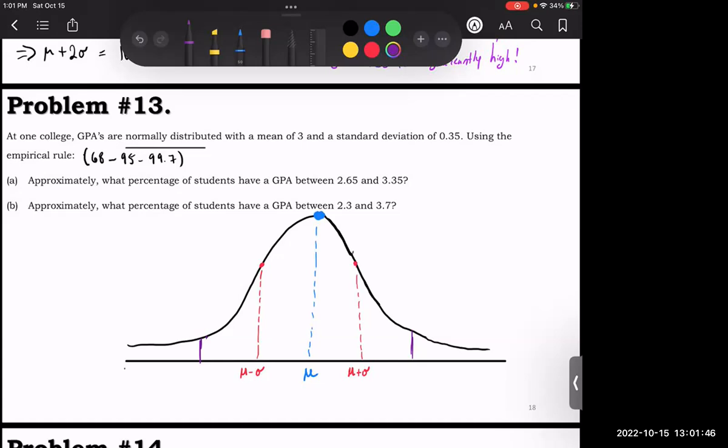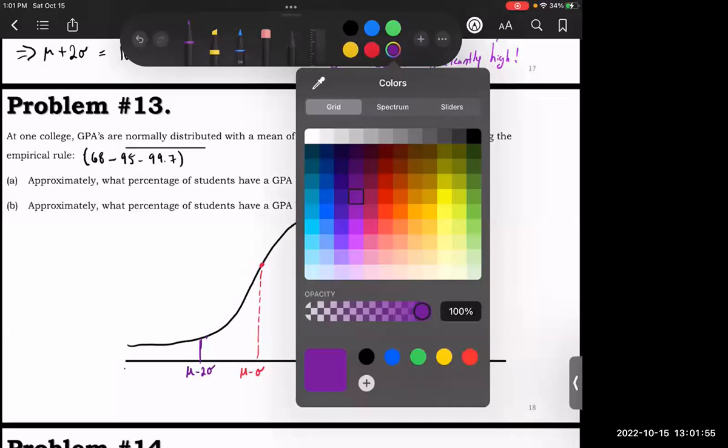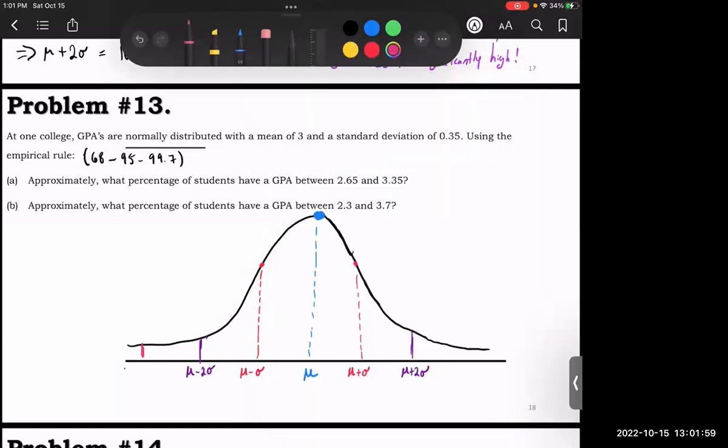The next one would be the mean minus 2 standard deviations, or the mean plus 2 standard deviations. And the last one, down here, is the mean minus 3 standard deviations, or the mean plus 3 standard deviations.